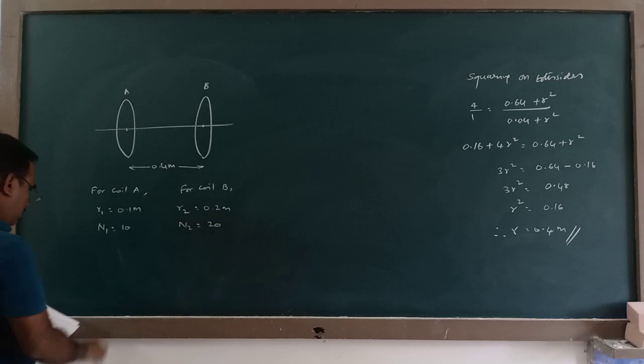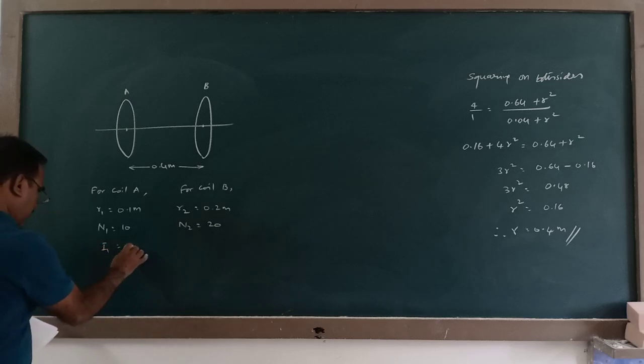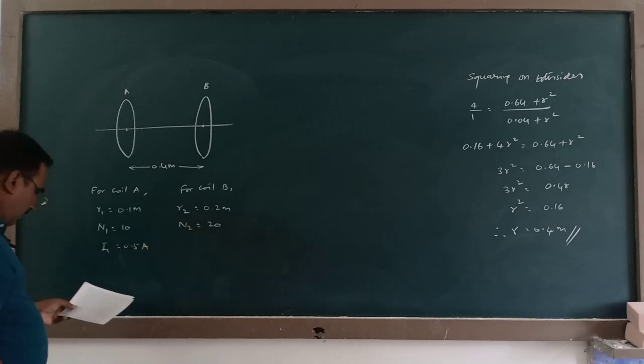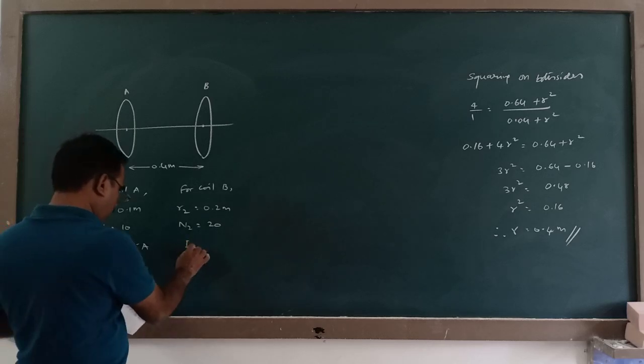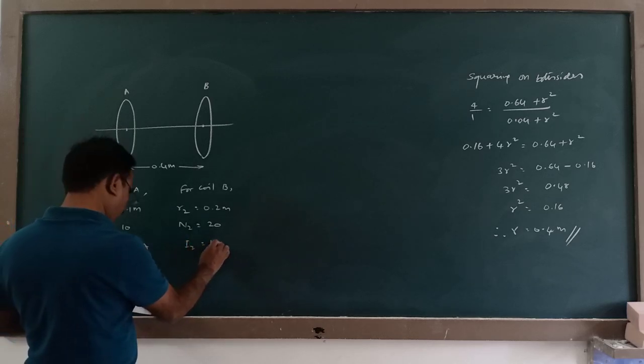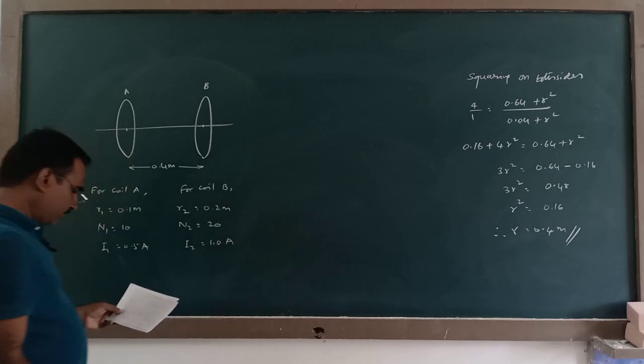The current in coil A is 0.5 ampere. I1 is 0.5 ampere and this I2 is 1 ampere.